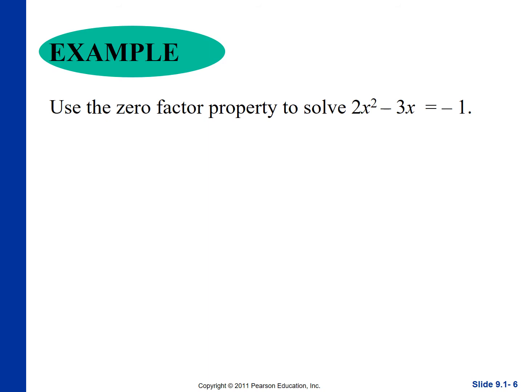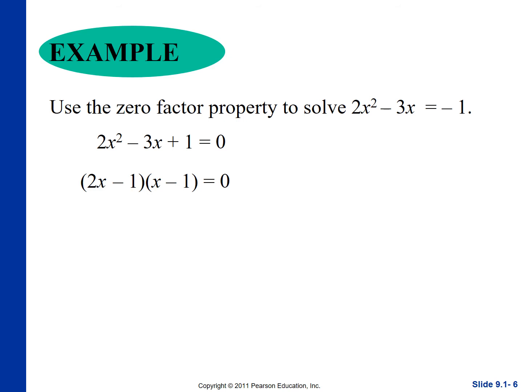So we're going to use the zero factor property to solve 2x squared minus 3x equals negative 1. We're going to get all the terms to one side of the equation, which will be the left side here, and have that equal to 0. Now we can factor this.